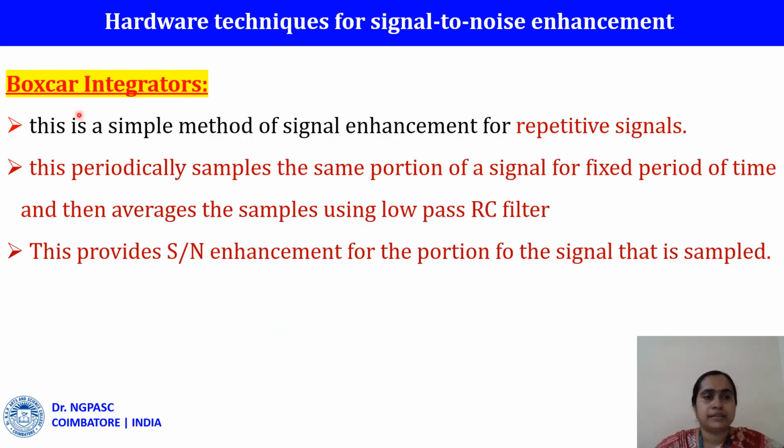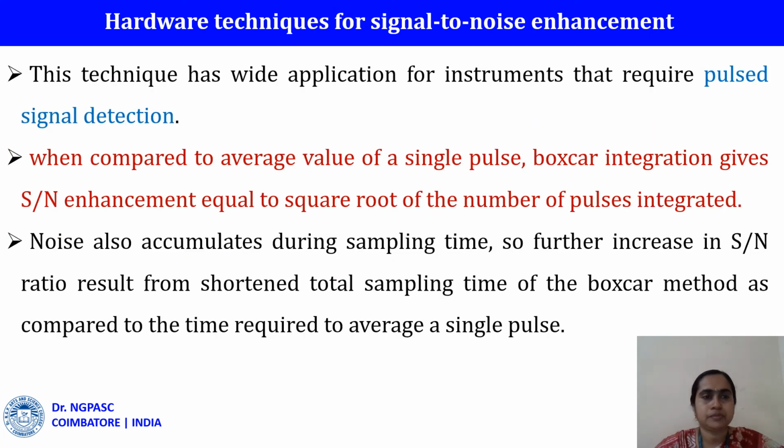The final method is the boxcar integrators. This is a simple method of signal enhancement for repetitive signals. It periodically samples the same portion of a signal for a fixed period of time and then averages the samples using a low pass RC filter. This provides S by N ratio enhancement for the portion of the signal that is sampled. This technique has wide application for instruments that require pulse signal detection.